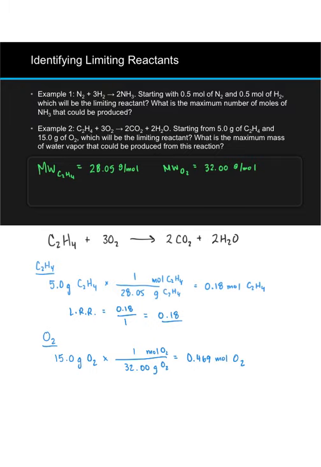For oxygen, the limiting reactant ratio is that number of moles, 0.469, divided by its coefficient, 3. This value is 0.156. From this mathematical workup, it's clear that oxygen is present in the smaller relative amount compared to ethylene. Oxygen runs out first, therefore it is our limiting reactant.